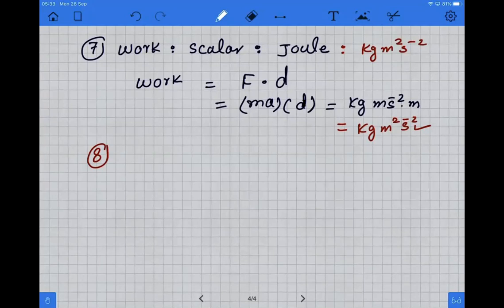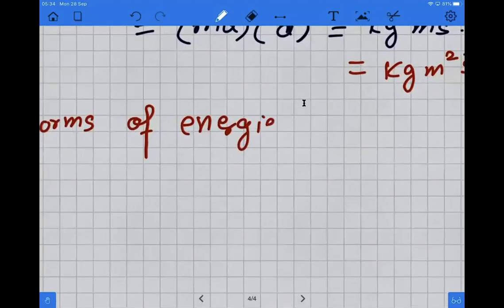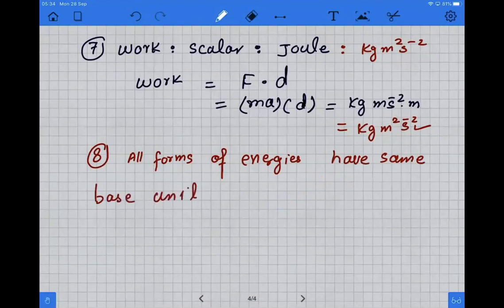All the forms of energies have same base units as work.